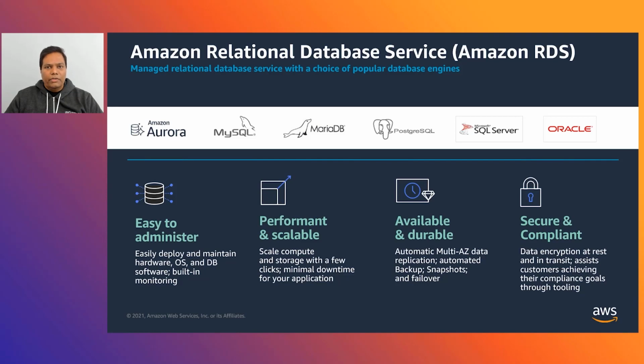And when you provision a Multi-AZ database instance, we synchronously replicate the data to a standby instance in a different availability zone. In addition, RDS also comes with out-of-the-box click-through options to automate tasks such as database backups, database snapshots, and automatic host replacements.